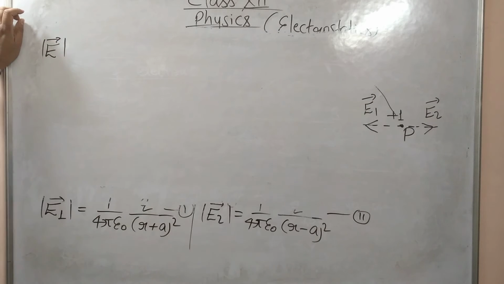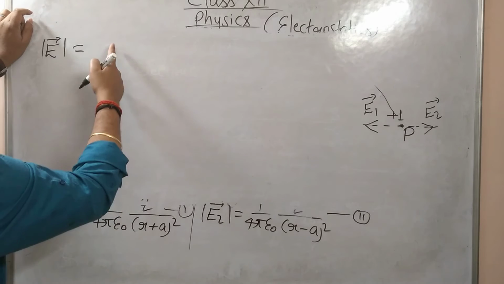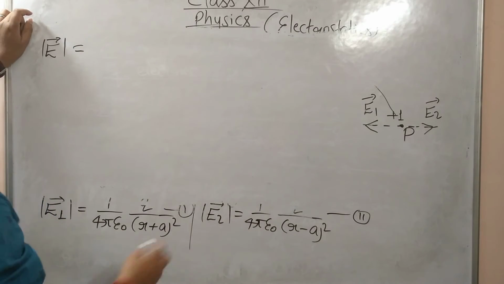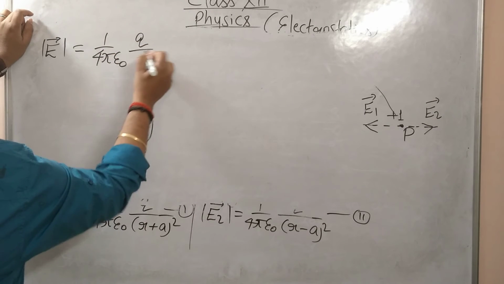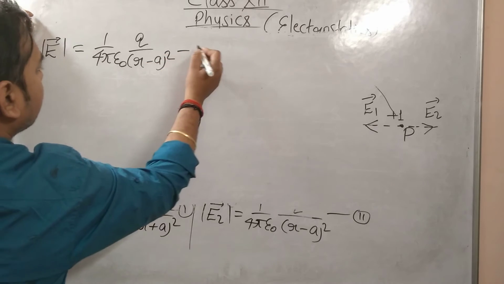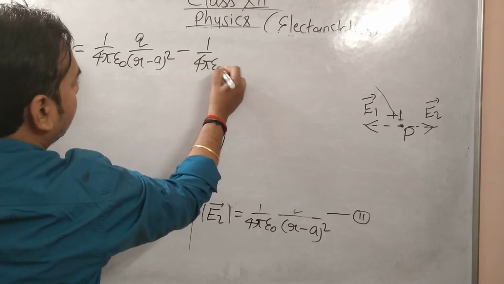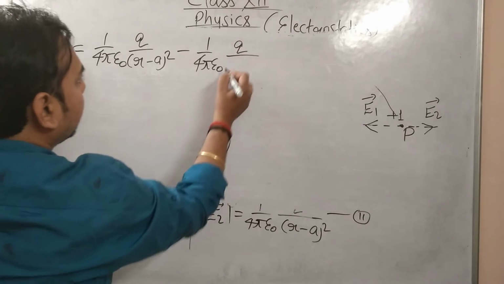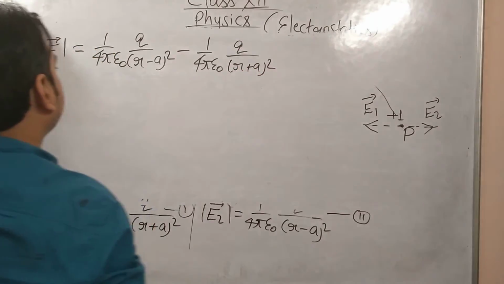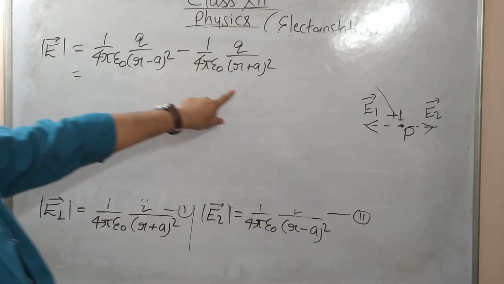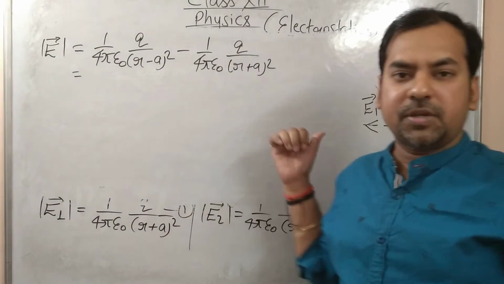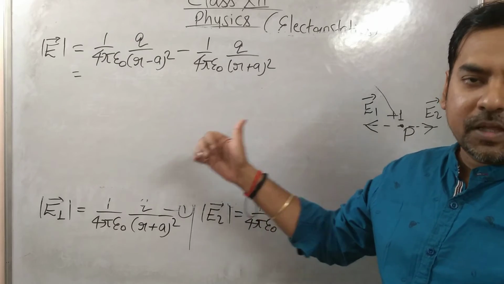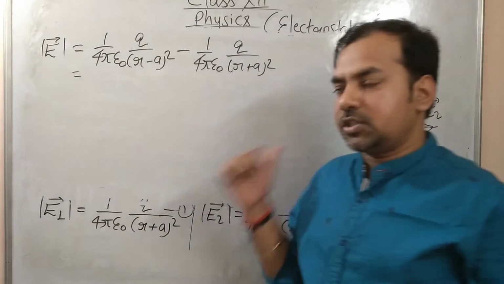The magnitude of resultant electric field at point P will be equal to E2 minus E1, so 1 by 4 pi epsilon naught q by R minus a whole square minus 1 by 4 pi epsilon naught q by R plus a whole square. We are talking about magnitude only because we have already discussed the direction, and it is along BP, that means along the E2 direction.